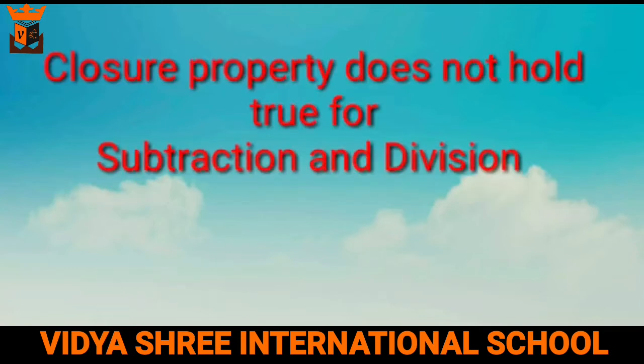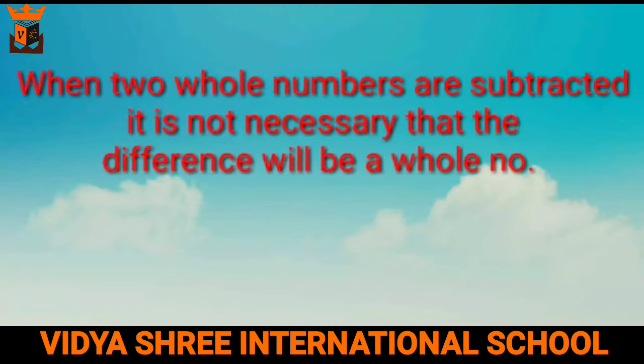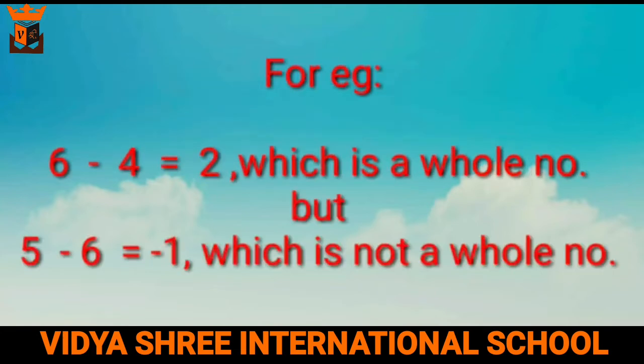Third one, closure property does not hold true for subtraction and division. When two whole numbers are subtracted, it is not necessary that the difference will be a whole number. For example, 6 minus 4 is equal to 2, which is a whole number. But 5 minus 6 is minus 1, which is not a whole number.